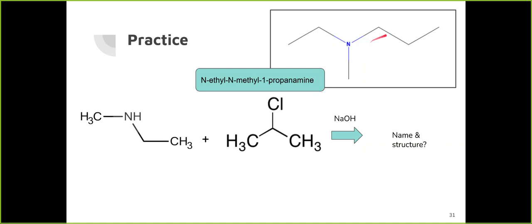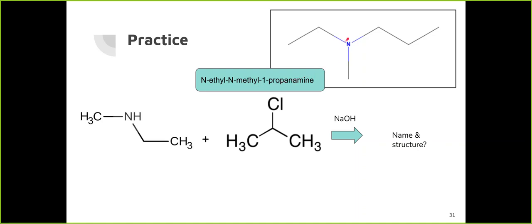Oh, so you've got 1, 2, 3 carbons here. That's these 3. So the N is attached there. So this is propanamine. And this nitrogen is on that very first carbon. So that's a 1.